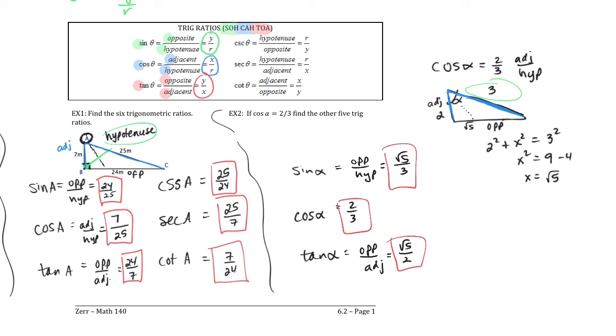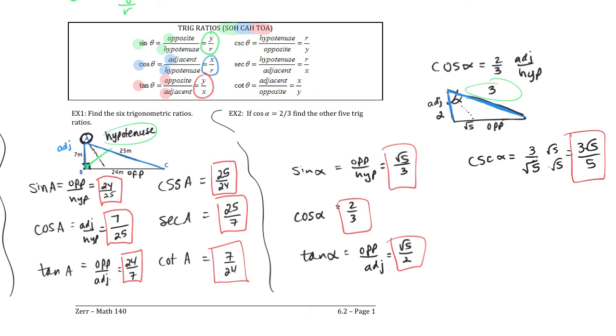Cosecant is the reciprocal of sine, so it would be 3 over square root of 5. And then we do just need to rationalize that denominator, so that would be 3 root 5 over 5.